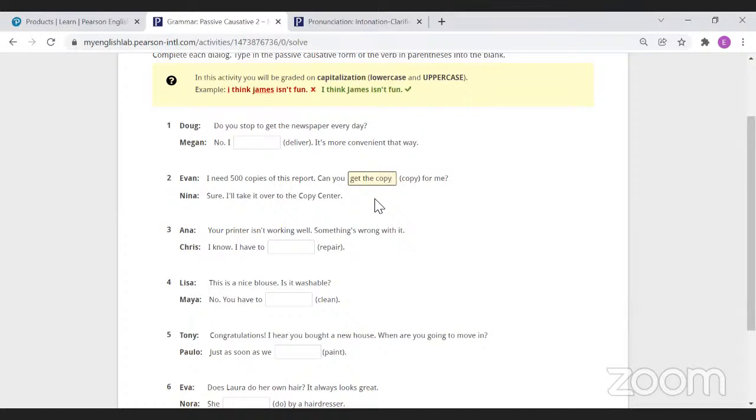So I don't have to put get anything, only the verbs that are in parentheses. So I have to put it in past participle. Yes, because those are the verbs, the verbs for the actions that the object needs.